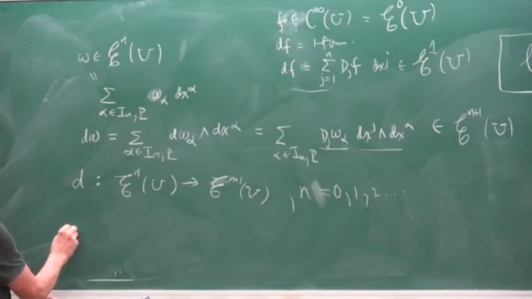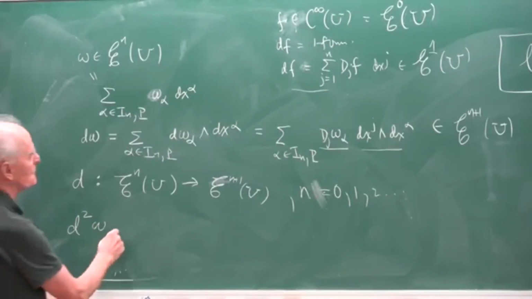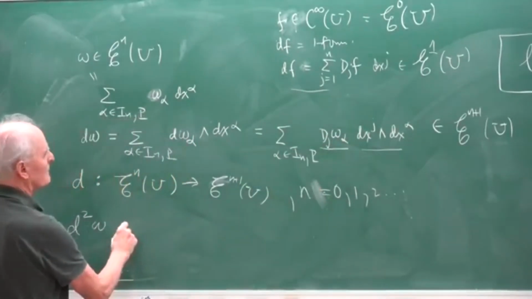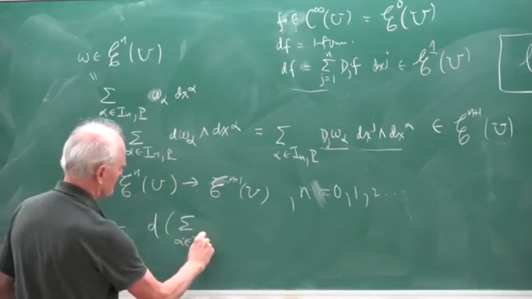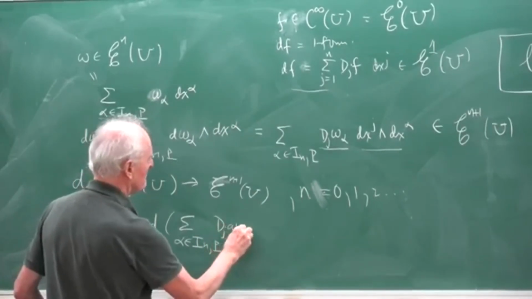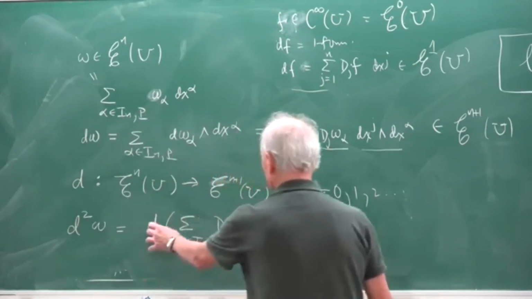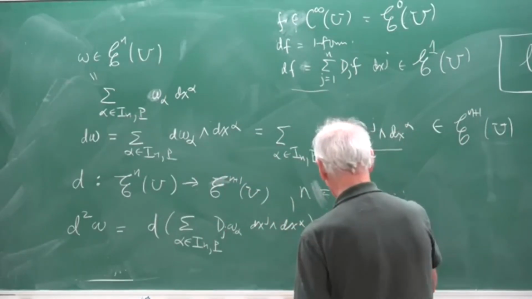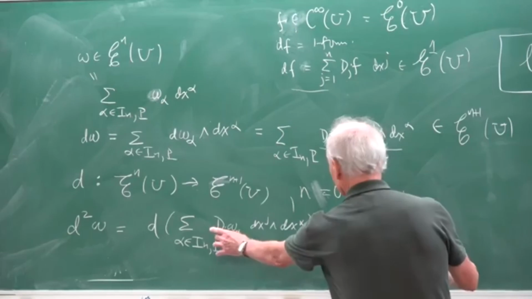Now notice that d squared is 0 because terms cancel out. If you compute, we've got to take d again. So d squared omega is d of this. And we just got to take d of that by definition. So that gives us some sum, and then I take d of this.